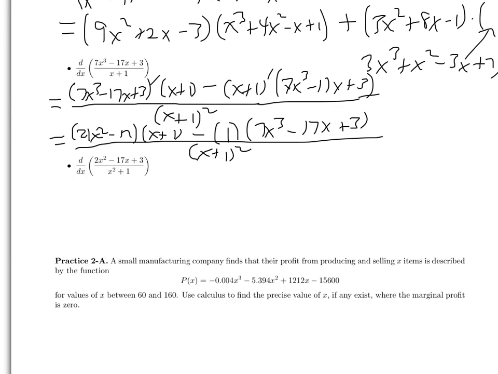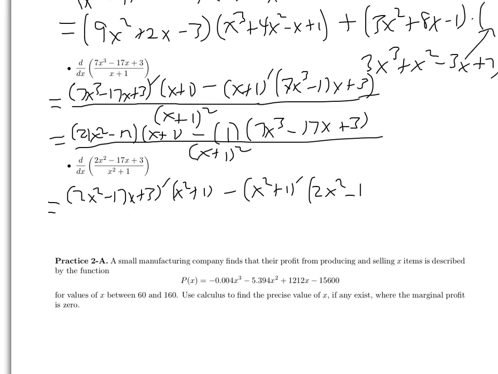And so the same kind of rule works for the next one. I'll have to have the derivative of the numerator times the denominator minus the other way around. And don't forget to divide by the original denominator squared.